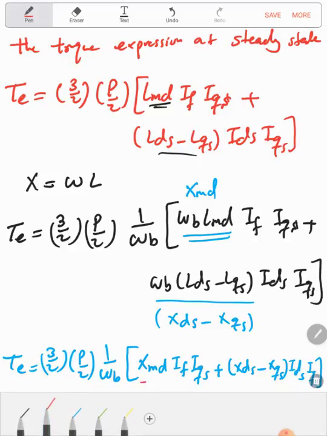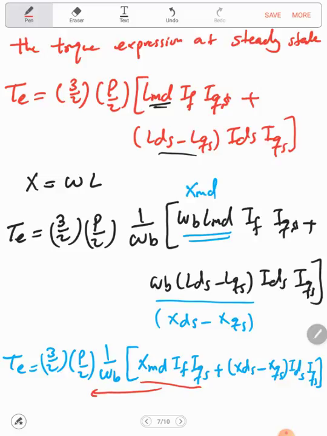Simply this first term, we know it's the field torque, but we can also call it the reaction torque, because it's the reaction between two currents, the field current and the torque component of the current in the synchronous machine, IQS. While we know that this other term is the reluctance torque.